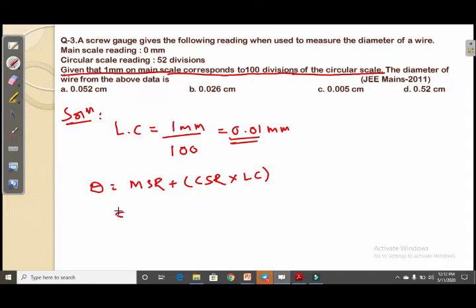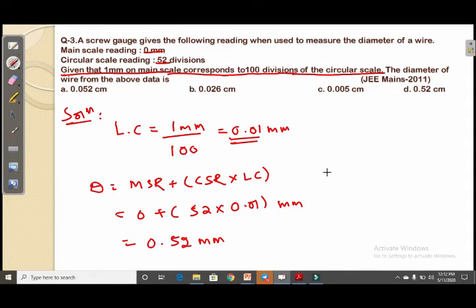So MSR they have given 0, take it as 0, plus CSR 52 into LC, which is 0.01 millimeter. So this becomes 0.52 millimeter.